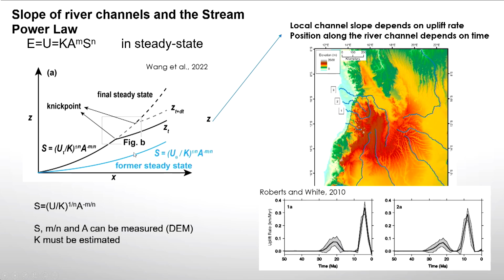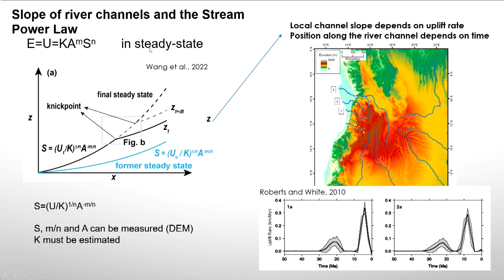So this curve here is simply the altitude of a river channel along its path. And it's very interesting because if we assume the very well-known stream power law in the field of geomorphology, we can draw a relationship between the incision rate, the drainage area, which is easy to measure, and the channel slope, which is also easy to measure, at least on DEMs.